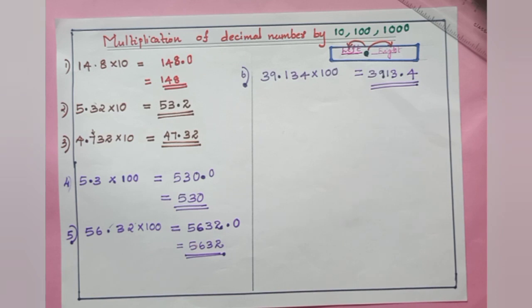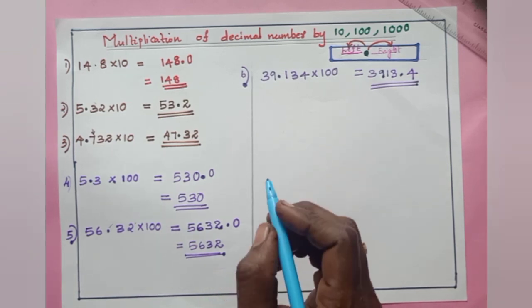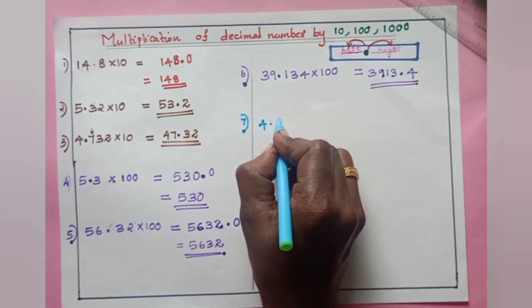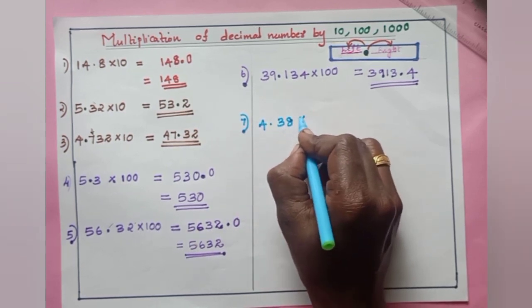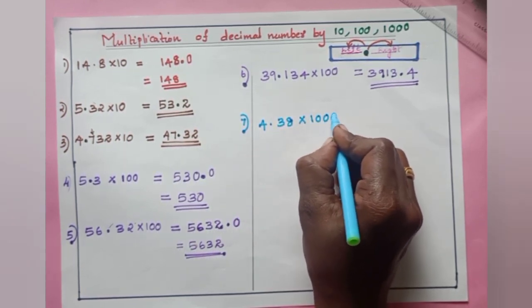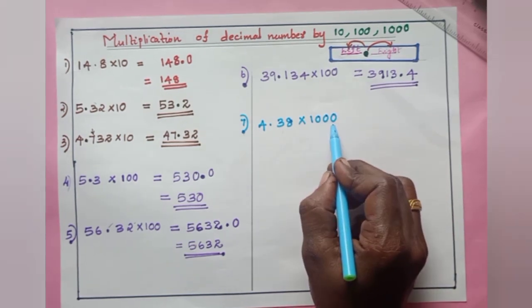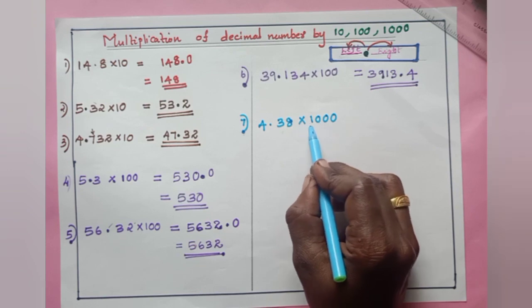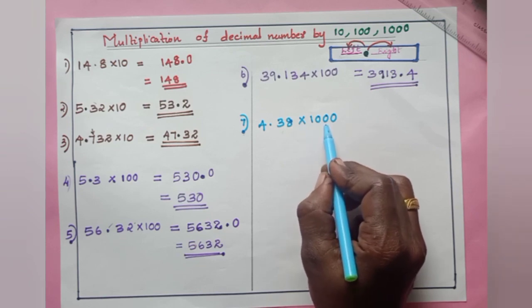Then listen. Next, seventh question. 4.38 into 1000. See, 1 after how many 0? 3 zeros. That means multiply the decimal number by 1000.